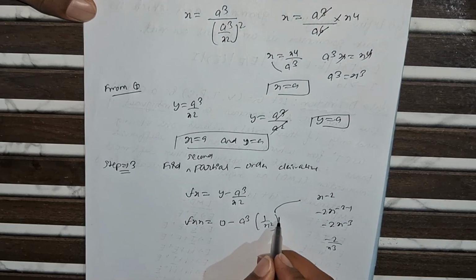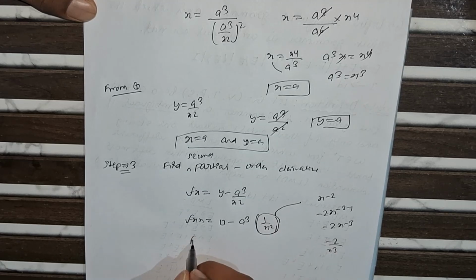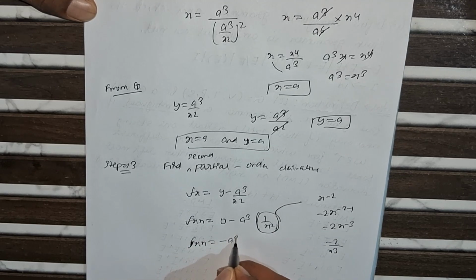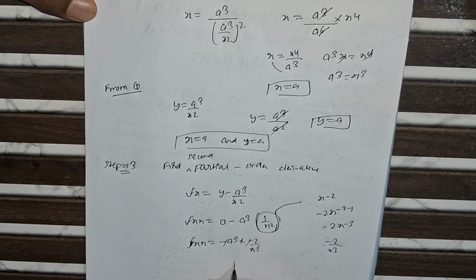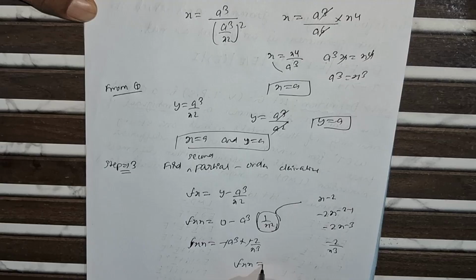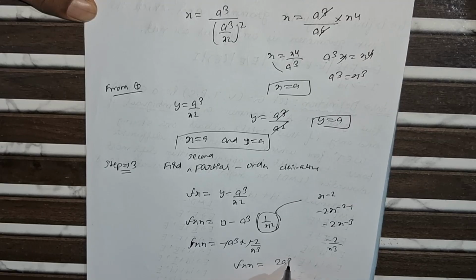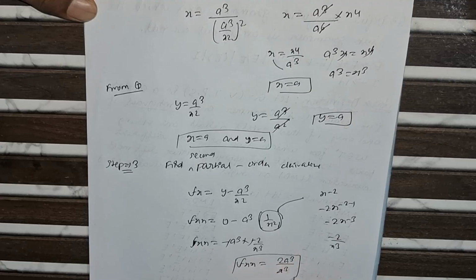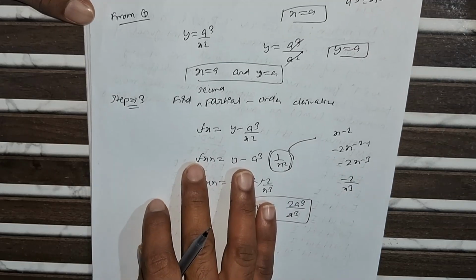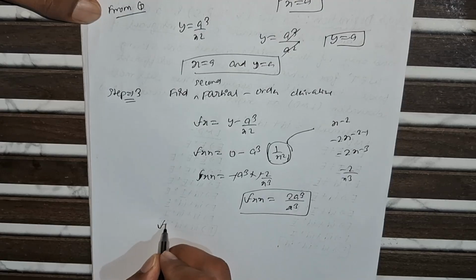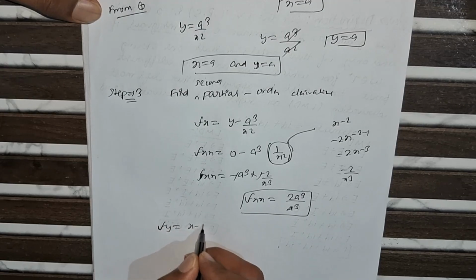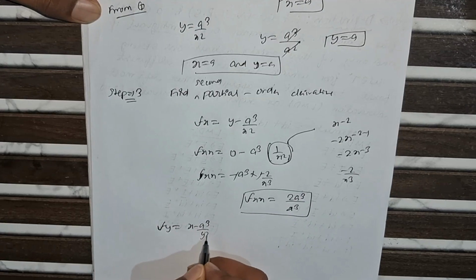So when you put the value of this, f_xx equals minus a³ into minus 2 by x³. This will cancel out. It becomes f_xx equals 2a³ by x³. Like that we have to find the double derivative of y, means f_y, which is x minus a³ by y².